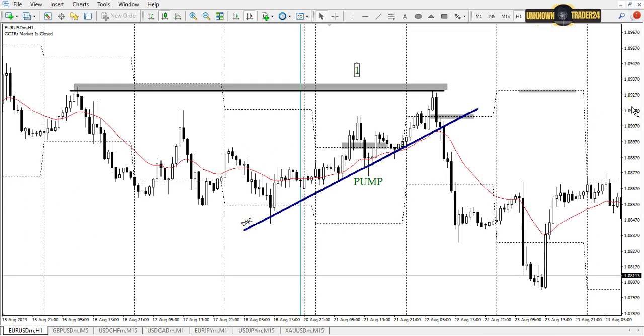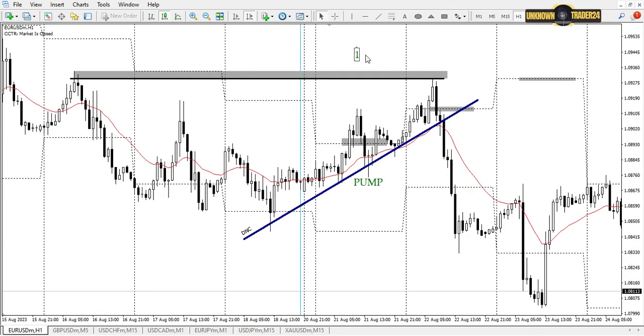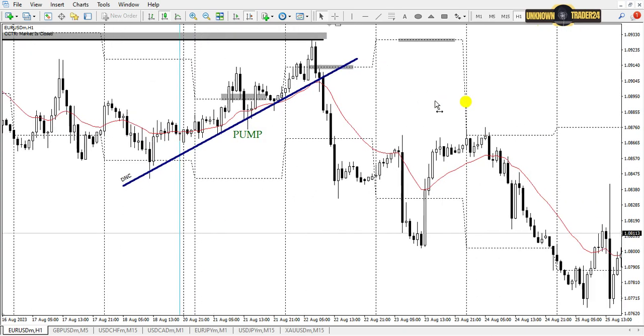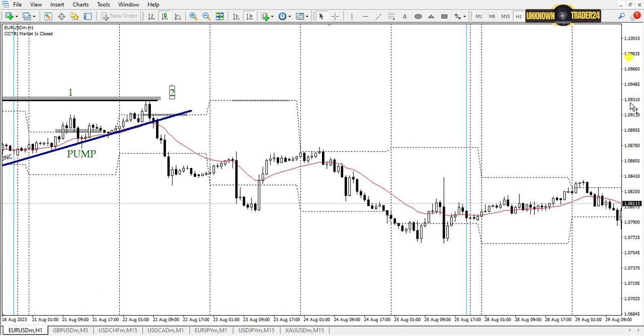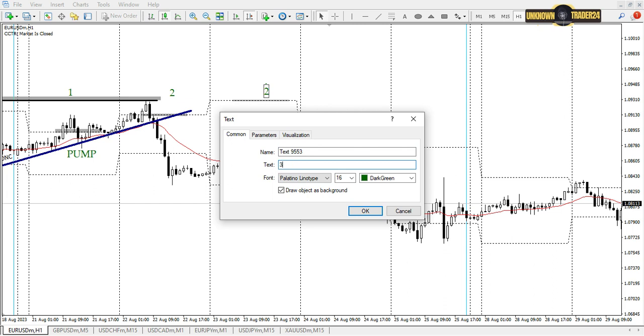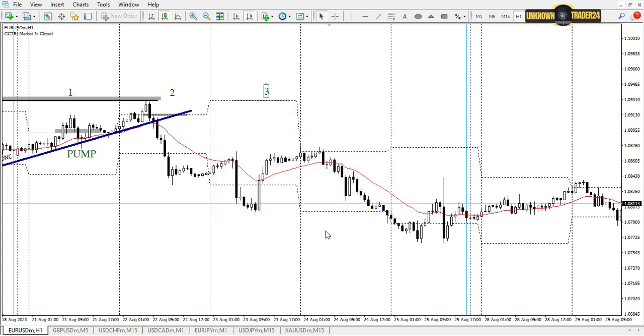It's day 1, and then this is day 2 on a weekly template, and then this is day 3 over here on a weekly template. So you must understand all these things at the same time.